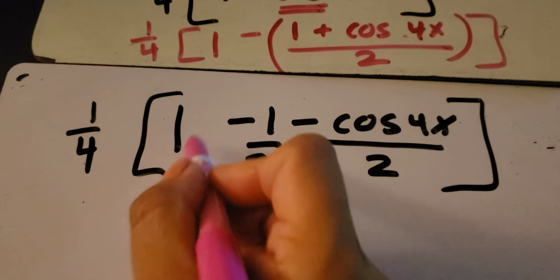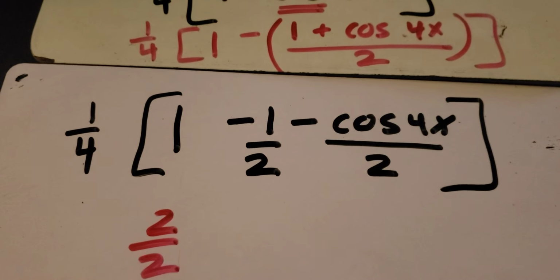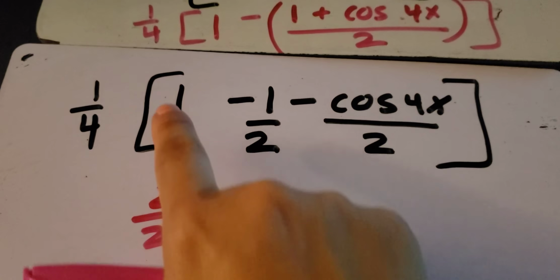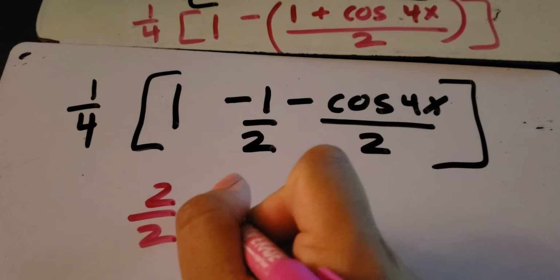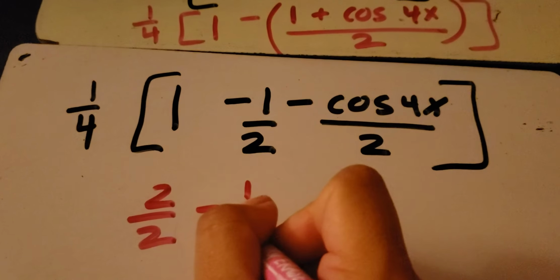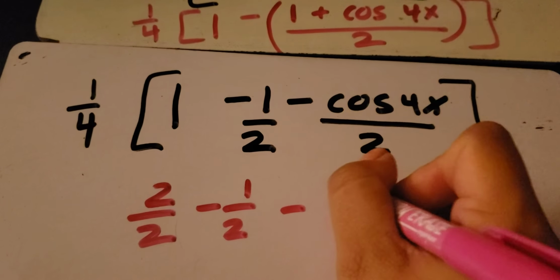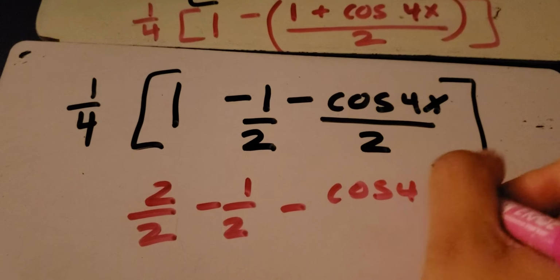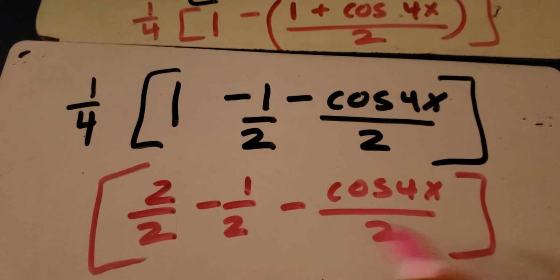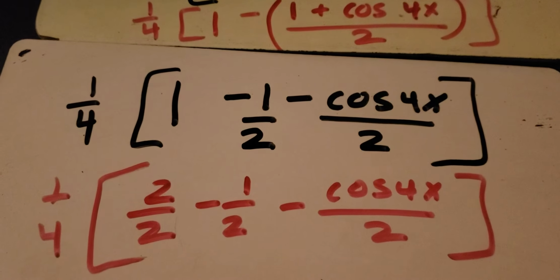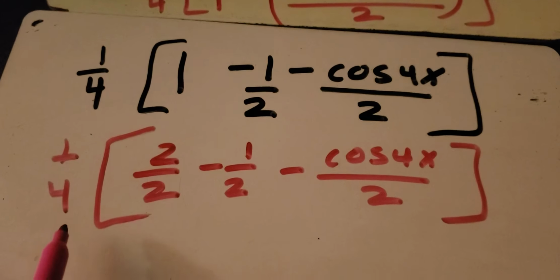Okay. I'm going to rewrite 1 as 2 over 2. And remember, 2 over 2 is the same as 1, but the reason why I chose 2 is to have a common denominator. Okay. So 2 over 2 minus 1/2 minus cosine of 4x over 2, okay? And now remember, we have 1/4. Well, previously I had pulled out the fraction of 1/4.